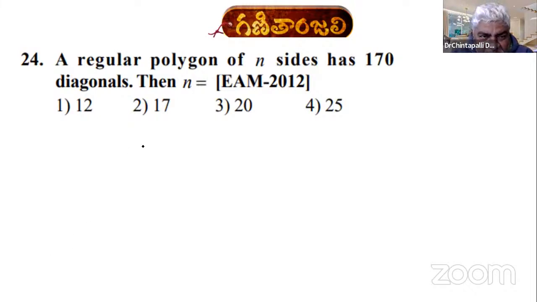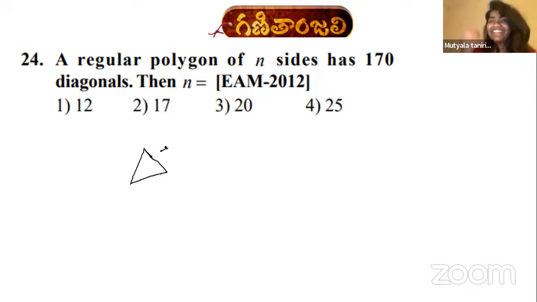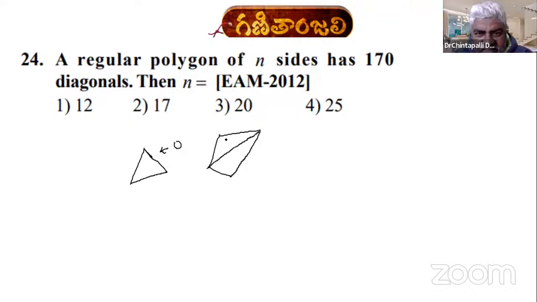It is a triangle. How many diagonals does a triangle have? 0, sir. Number of diagonals for a quadrilateral: 2, sir. 1 diagonal, 2nd diagonal. Number of sides is 4.